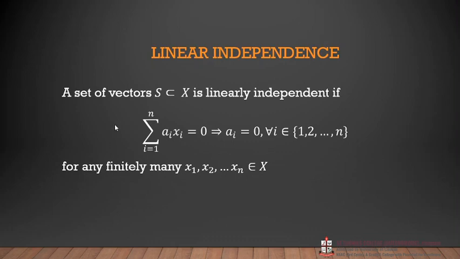That means this summation is known as a linear combination. So if you take any finite collection of vectors from S, take their arbitrary linear combination, if it is equal to 0, then every scalar present here should be equal to 0. This is meant by linear independence, or in other words, we cannot write a vector of S as a linear combination of other vectors in S.